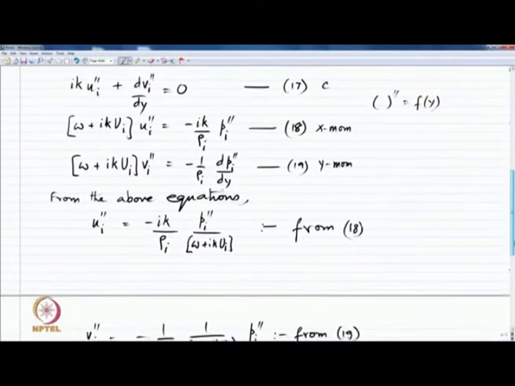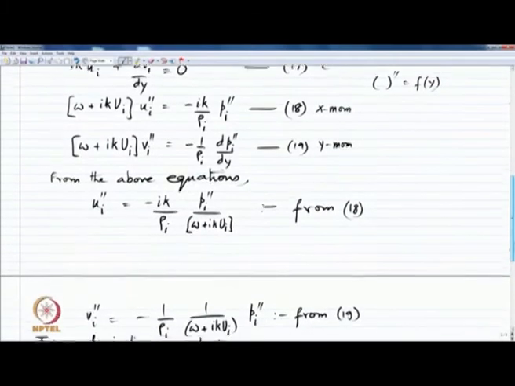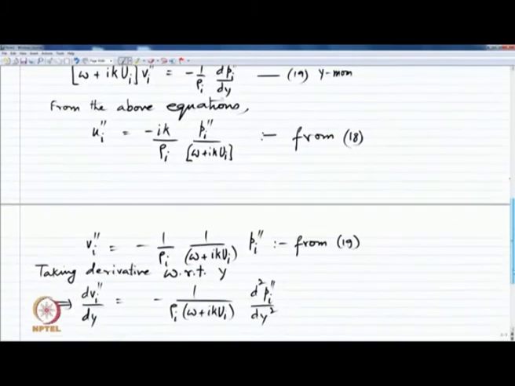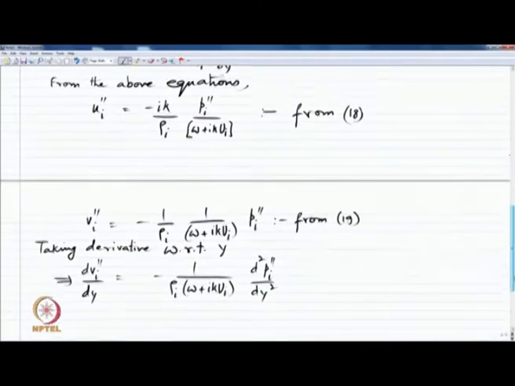In order to do that, I need to take the derivative of the equation for vi double prime with respect to y, and that is what I have done here.